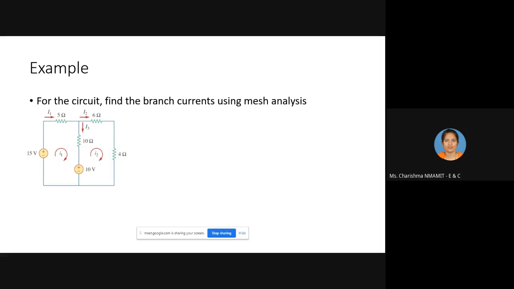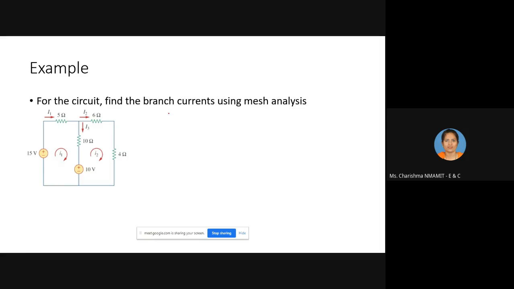When you apply mesh analysis, you find the mesh currents. In this particular circuit, I1 and I2 are the mesh currents. What they have asked you to find are the branch currents, I1, I2 and I3.